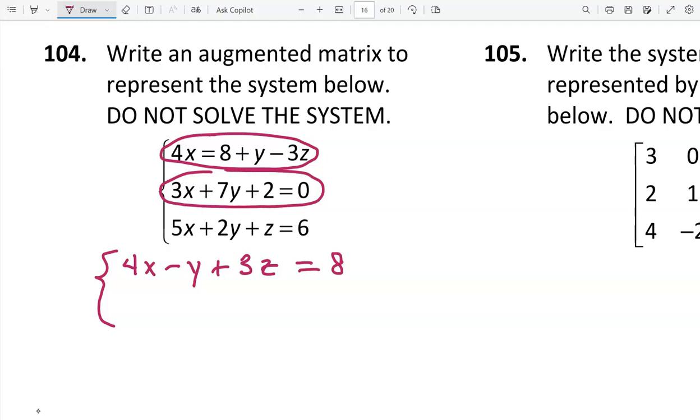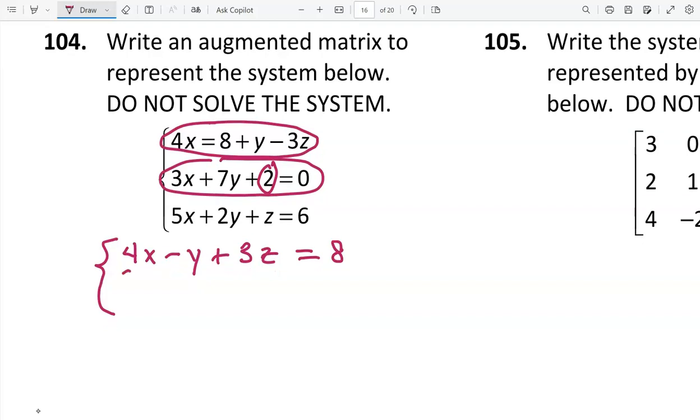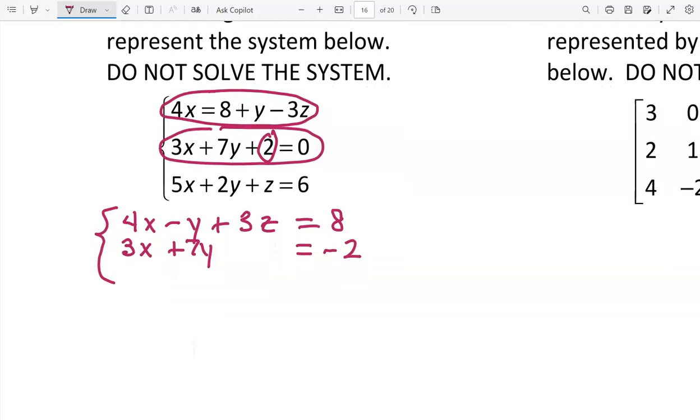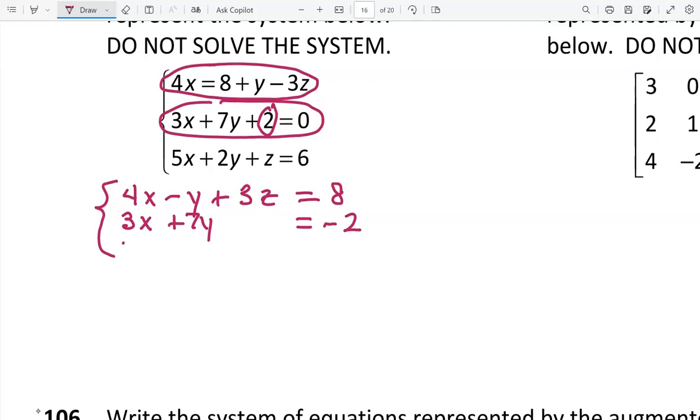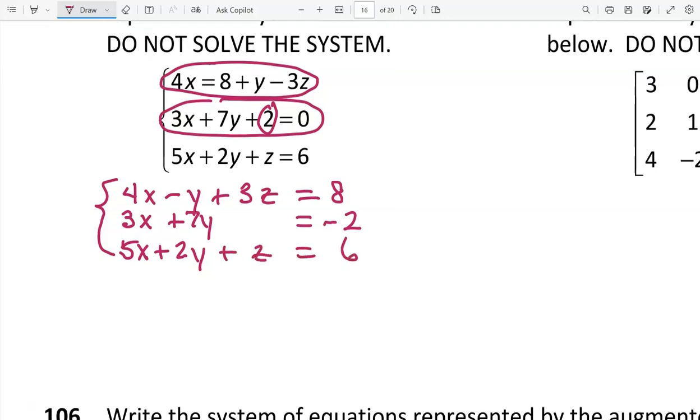Equation number 2 at first glance looks like it is standard form. However, that 2 is a number and not a variable term. So I'm going to leave the 3x and the 7y where they are, and I'm going to subtract 2 from both sides. And lastly, the third equation is already in standard form, so we can leave that one alone.